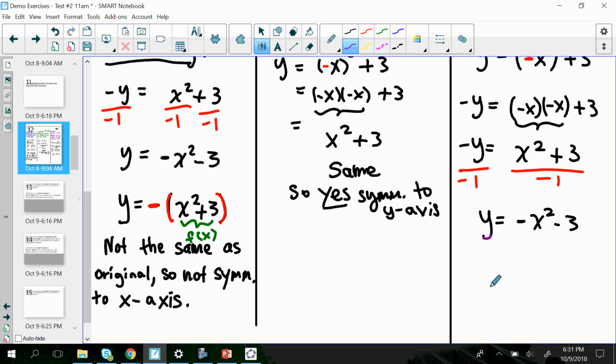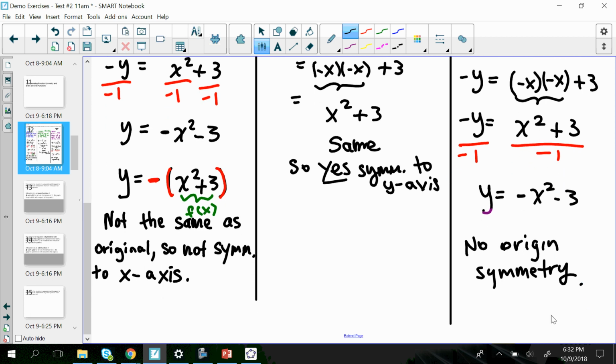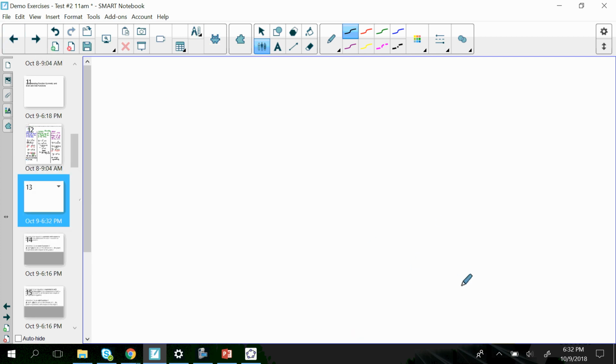So that would mean that we do not have origin symmetry. No origin symmetry. And it also means that it's not odd, but the test we would do for determining whether it's odd looks slightly different, even though it means the same thing. So I'll do that down here. Or actually, I'll do it on the next page.